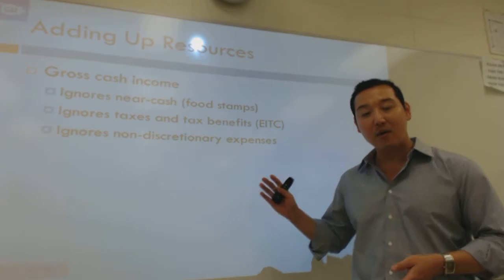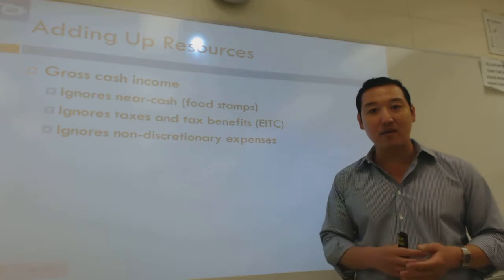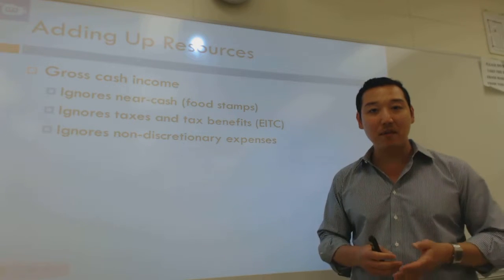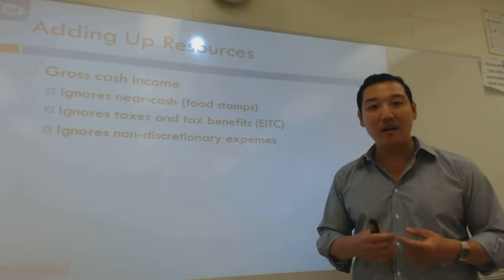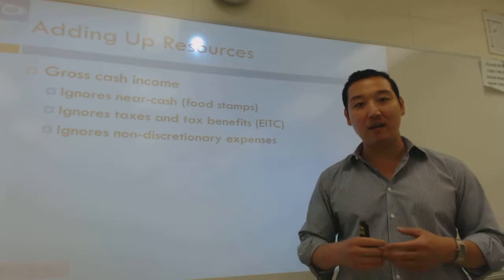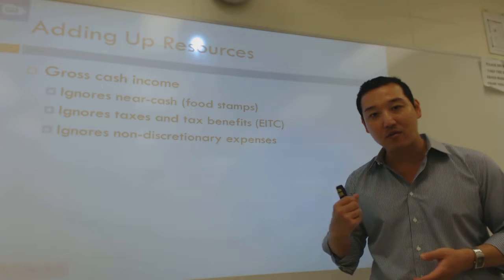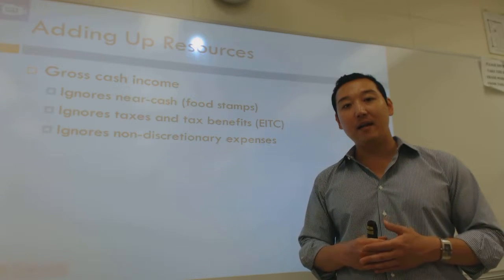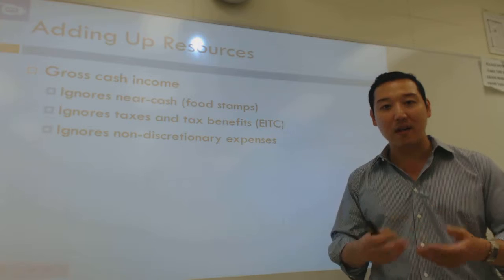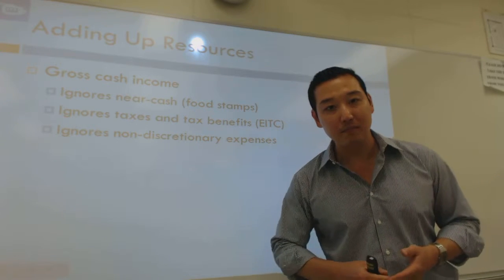So those things aren't counted. Your EITC benefits aren't counted. It's cash income, meaning that near-cash or in-kind benefits that the government provides are not counted. So food stamp benefits, those resources aren't counted. In-kind benefits, health insurance benefits aren't counted when estimating poverty.